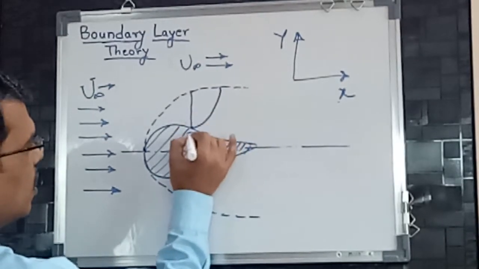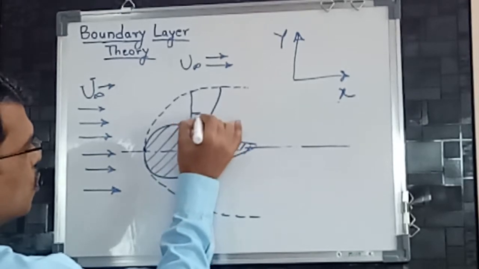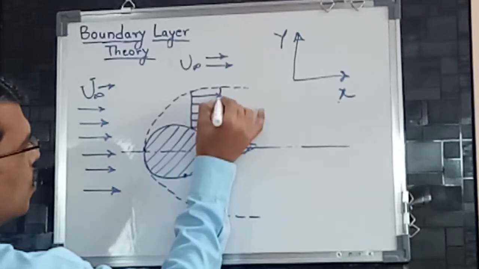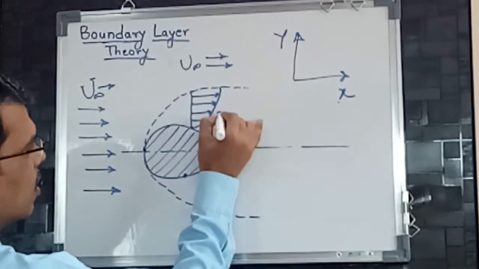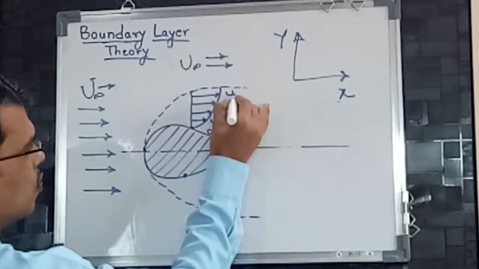Now see, here it is 0, then 1, here it is 2, here it is 3, here it is 4. So here I will take U1, U2, U3, and here it is U4.